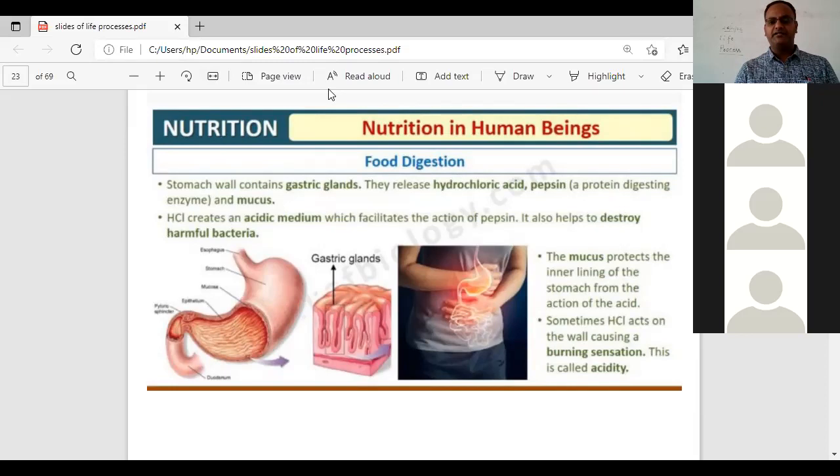Let me pass the next part of this question to Romita. Romita, what is the role of pepsin? You can unmute yourself, Romita. What is the role of pepsin?